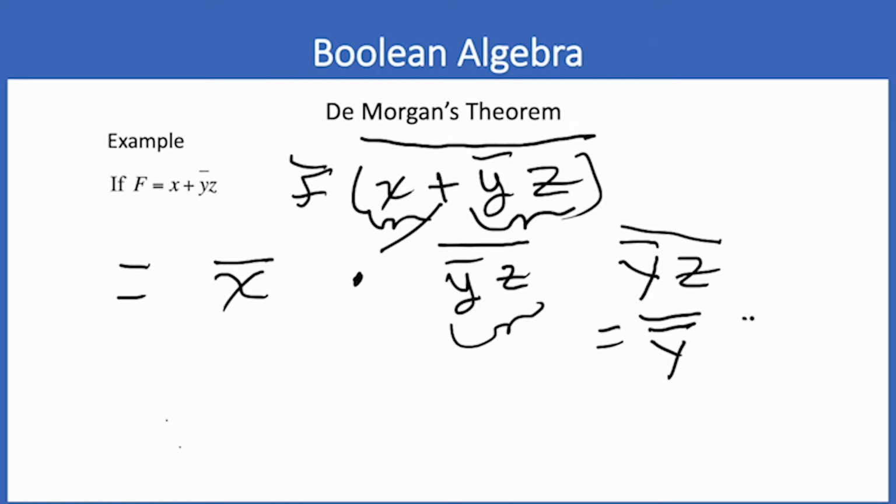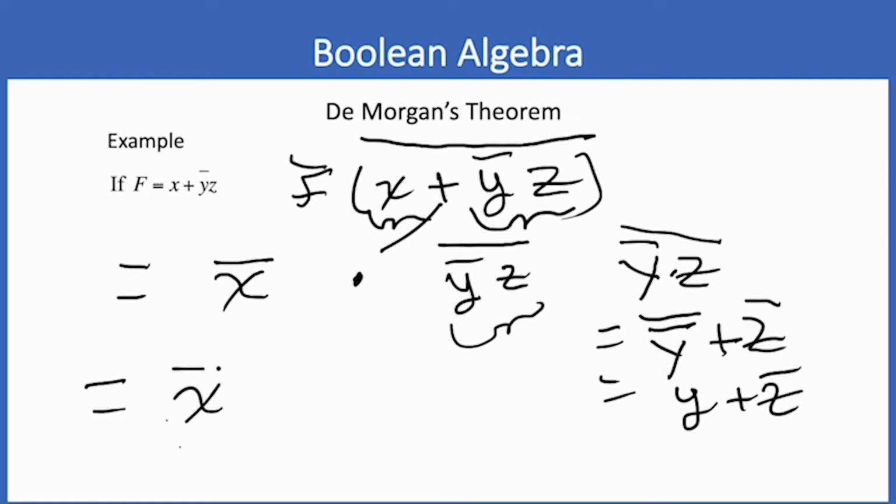We take the second term, z, and we complement it, and then the multiply goes to a plus. So that's equal to y double bar, which is just y, plus z bar. So what do we have left here? We've got x bar times (y plus z bar). Okay? So that's the complement of this function right here.